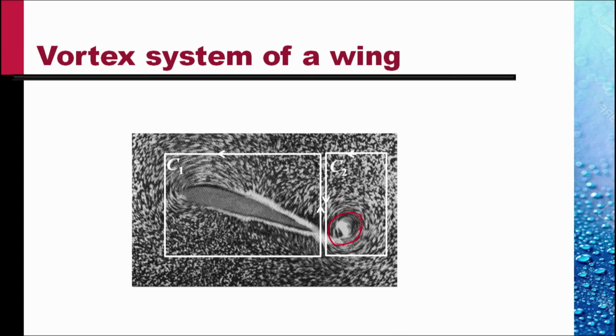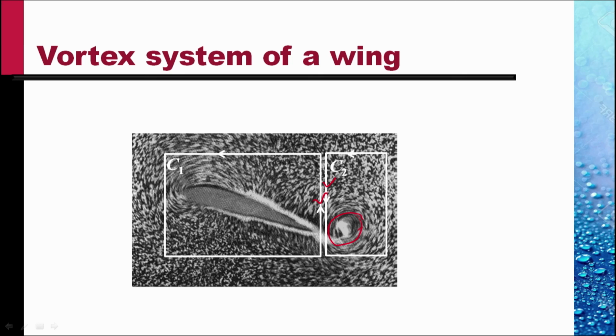The contributions to circulation about these two arms cancel one another out. They are close together. Around circuit C2, there is a positive circulation because the flow around the starting vortex is counterclockwise. So there is a positive circulation about C2.